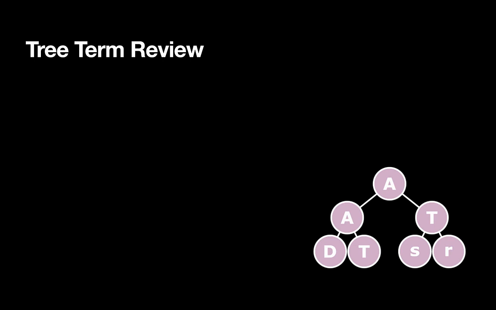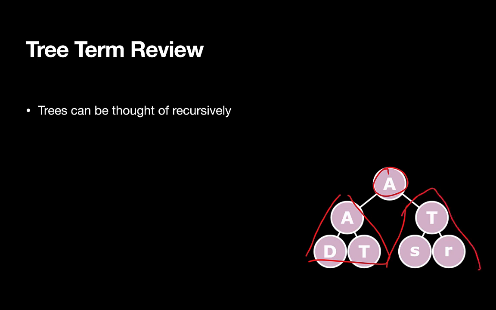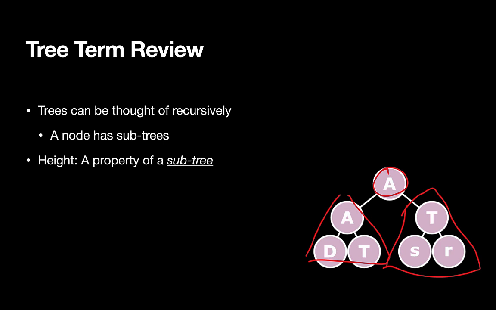Okay, so just a quick tree term review. Trees can be thought of recursively. So we can think of this tree over here on the right as being a node with two subtrees. Earlier in the semester, we also talked about the concept of height as a property of an entire tree. But since we can think of trees recursively, we can also think of the height property of a particular subtree.